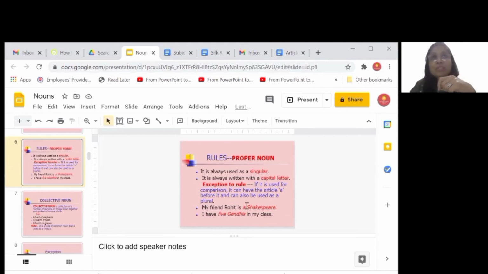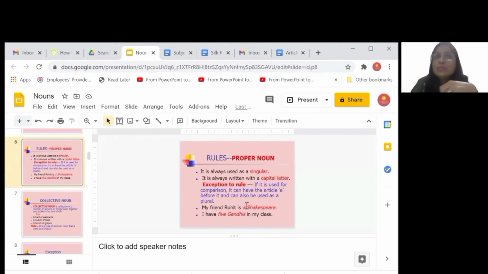Suppose I take a famous person and I compare his qualities with somebody else whom I know. This kind of usage can be made. Okay. So if suppose I have a friend who writes really very well, I can say my friend Rohit is a Shakespeare. Here, Shakespeare can take a before it. This is an exceptional usage.